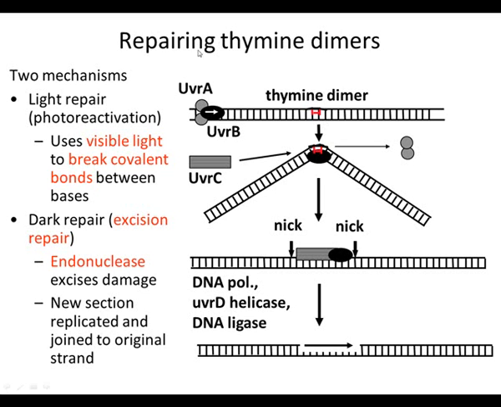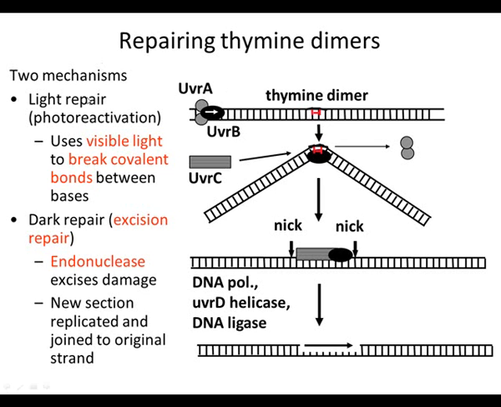And so there's a special system in the cell and it's called UVR, A, B, and C. And so it's called this because it was discovered for repairing thymine dimers, but it can also repair other large distortions in the DNA, and what it does is it's able to remove the part of the DNA that's responsible for the distortion. So it has these three proteins work together to remove this distortion.